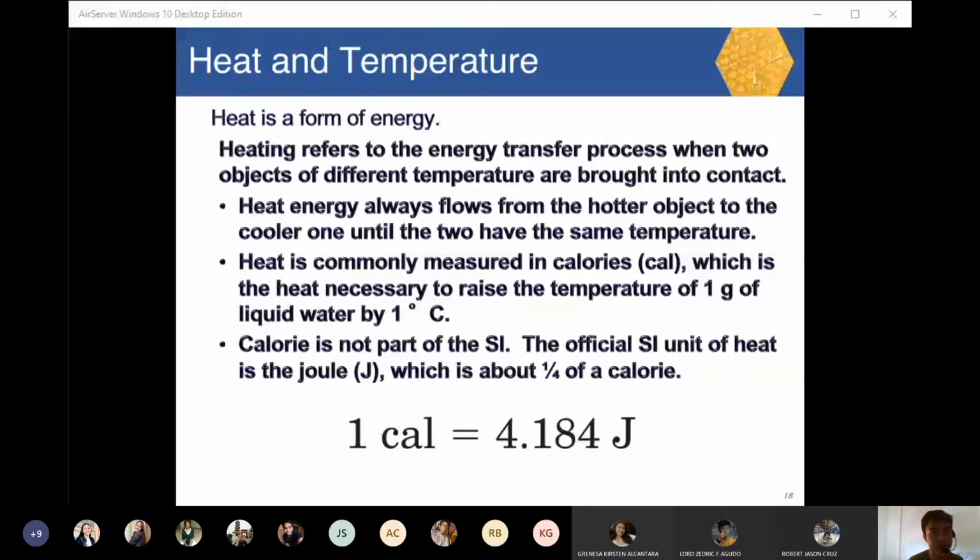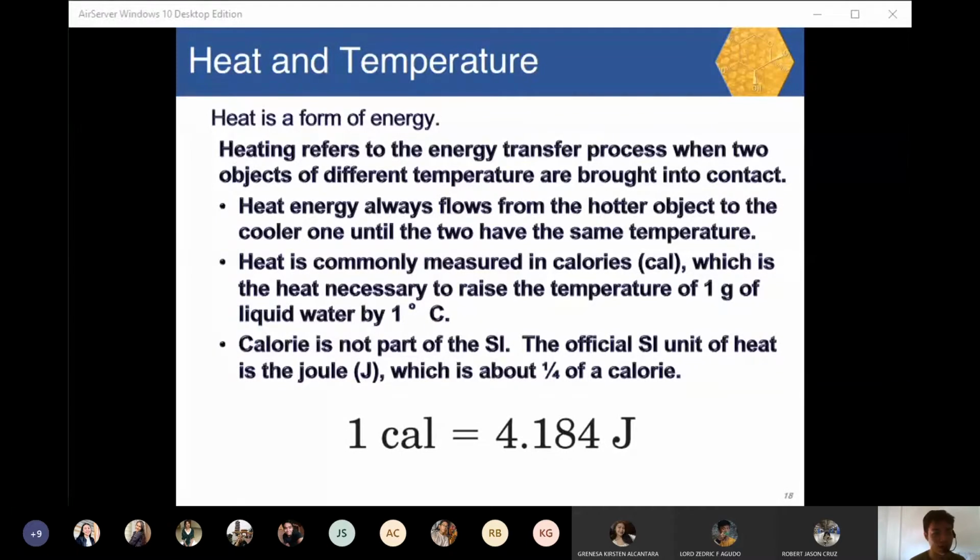So ano ba yung heat? When we say heat, this is just a process in which the thermal energy is transferred from one object to another. So yung heat, hindi siya yung temperature itself. Heat is the process, temperature is the measurement.